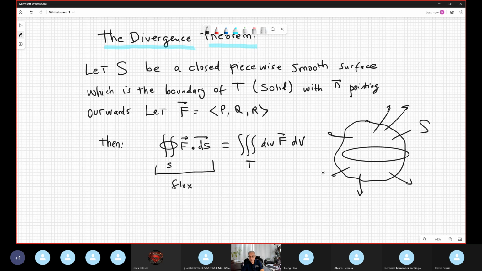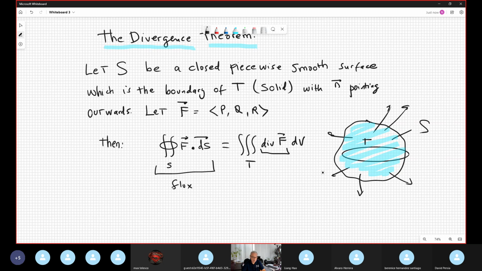I want to find the flux through the surface, depending on the orientation you define. But I change my problem to the triple integral in the solid T, and the integrand function is the divergence.